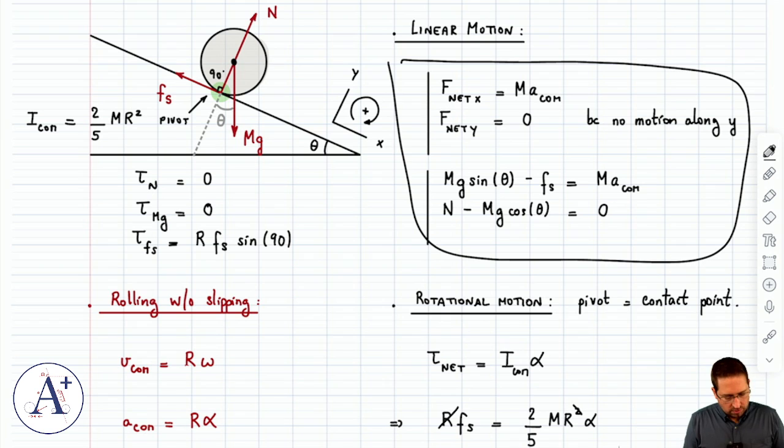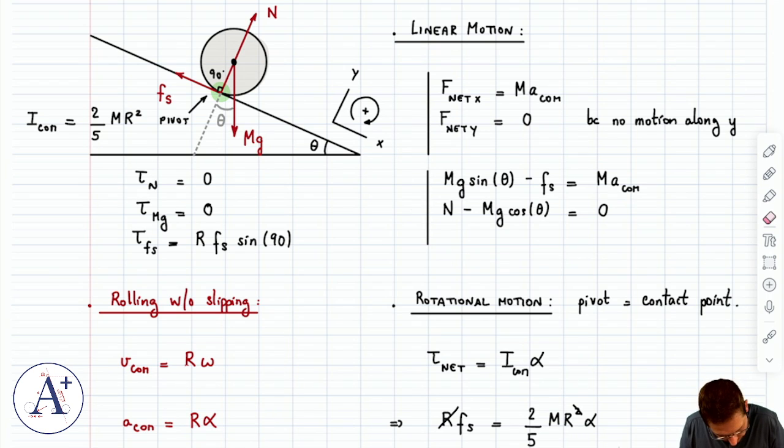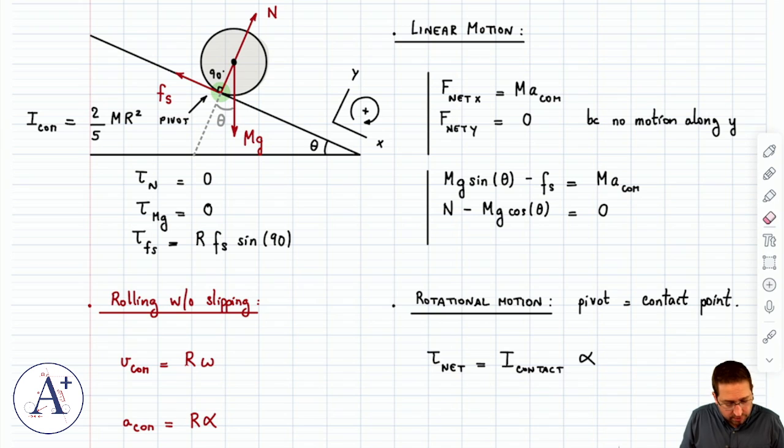Rolling without slipping is rolling without slipping. None of this changes. But I need my torque to be computed with respect to my pivot and my moment of inertia to be computed with respect to my pivot. So now this does change here. I center of mass becomes I contact times alpha, and this equation is going to change because torque net is going to change.